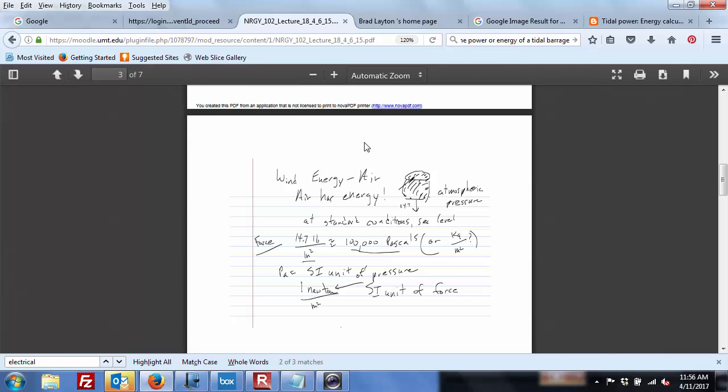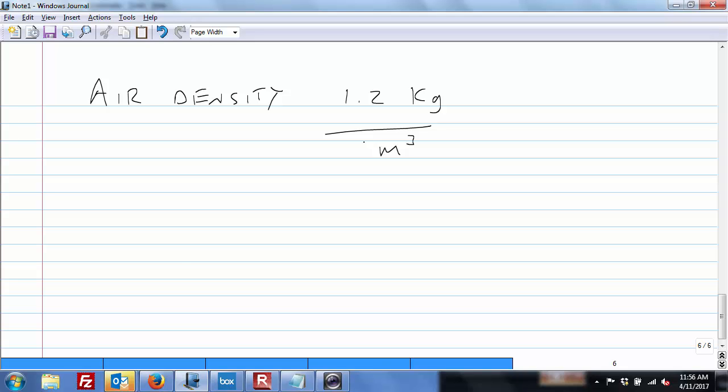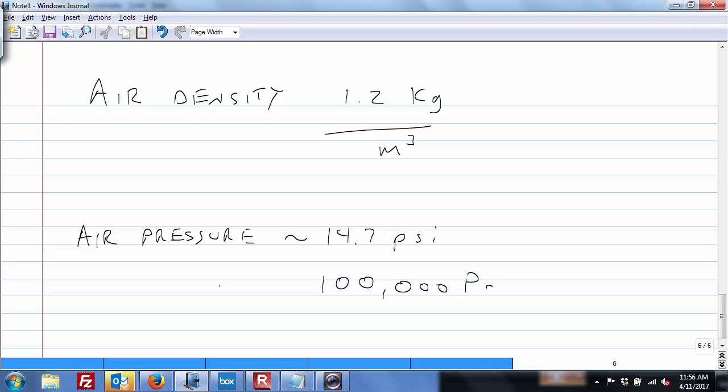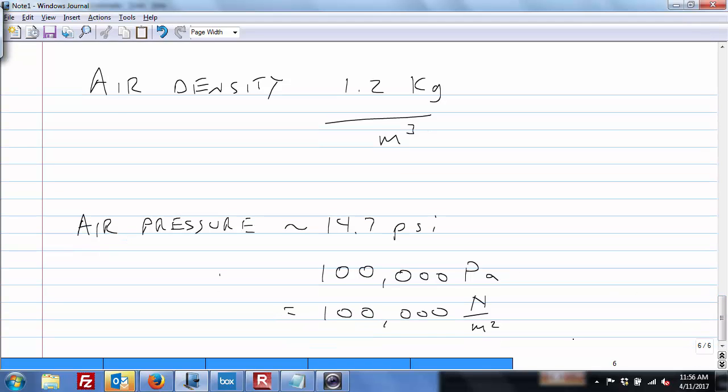The other thing is that air pressure is right around 14.7 psi. It's also the equivalent of about 100,000 pascals, and a pascal equals one newton per meter squared, and so that's just pressure.